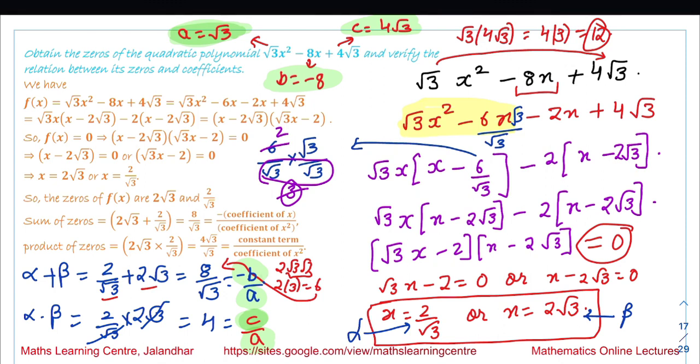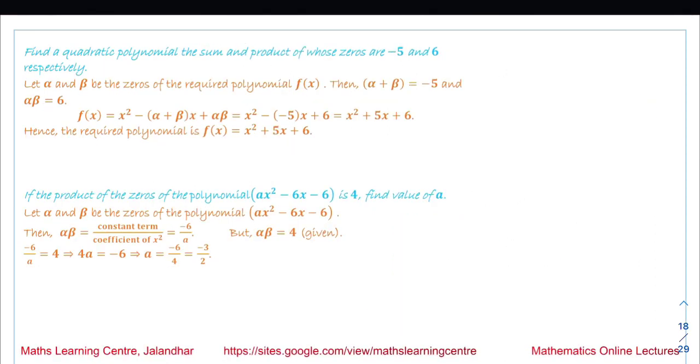Next we are saying find a quadratic polynomial, the sum and product of whose zeros are −5 and 6. Suppose alpha and beta are the zeros of the polynomial, then alpha plus beta is −5 and alpha into beta is 6. We know that if the sum and product of the zeros are given, then the polynomial will be of the form x² − (alpha + beta)x + alpha into beta.